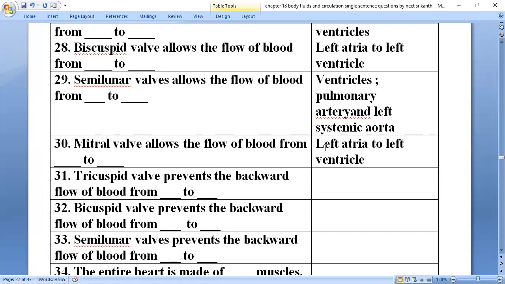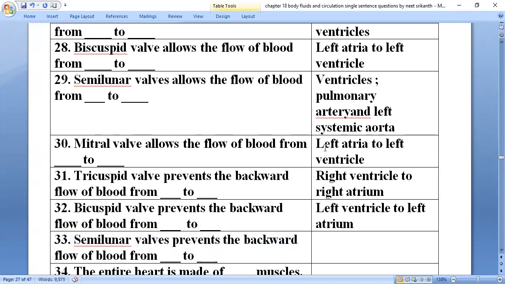Tricuspid valve prevents the backward flow of blood from right ventricle to right atrium. Bicuspid valve prevents the backward flow of blood from left ventricle to left atrium.